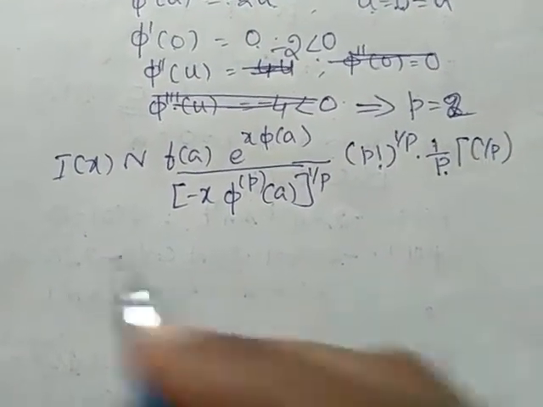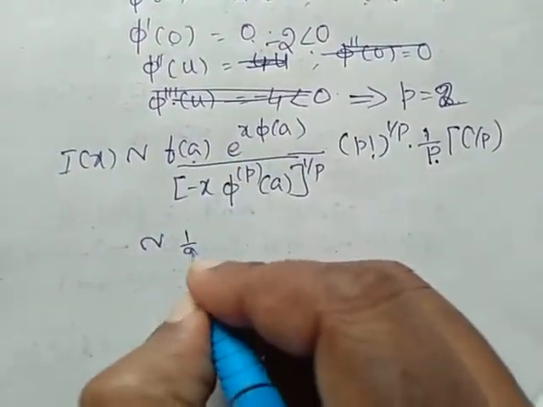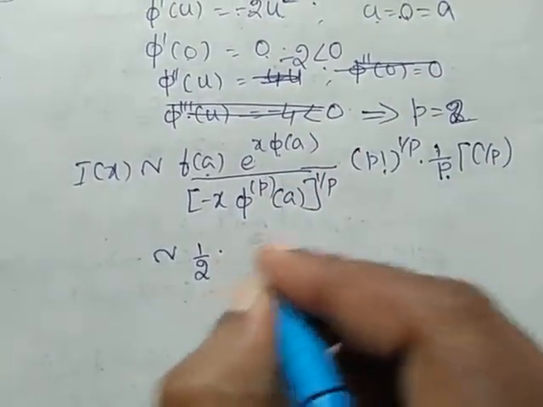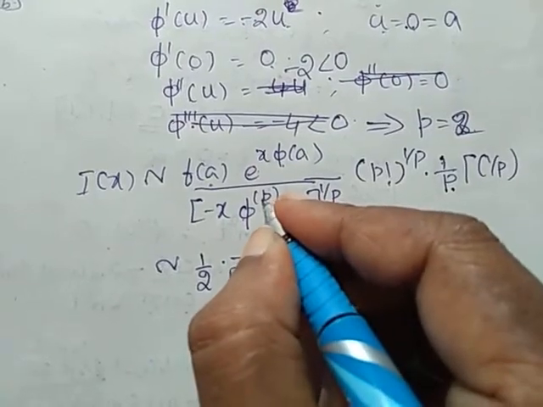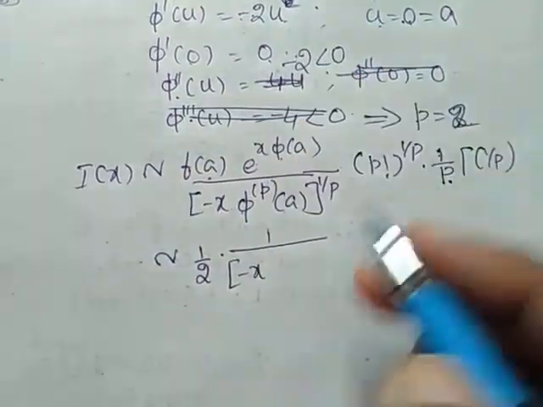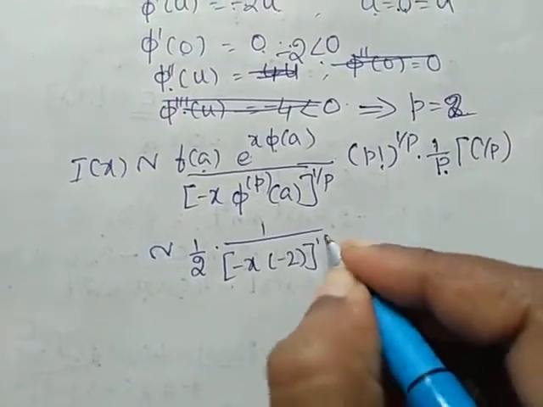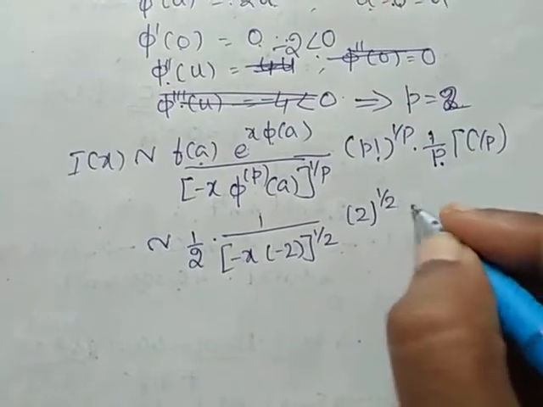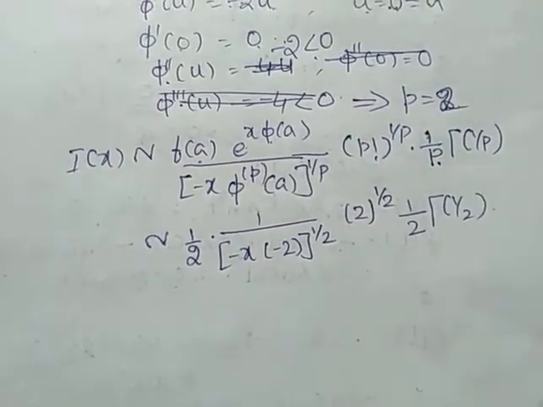We have derived it. So it is asymptotic to: f of a is 1 by 2, phi of a is 0, e power 0 is 1, 1 by minus x phi double dash. p is 2, phi double dash of alpha is minus 2. 1 by 2, 2 factorial is 2 to the power 1 by 2, gamma of 1 by 2.